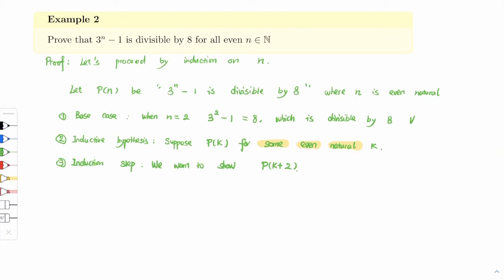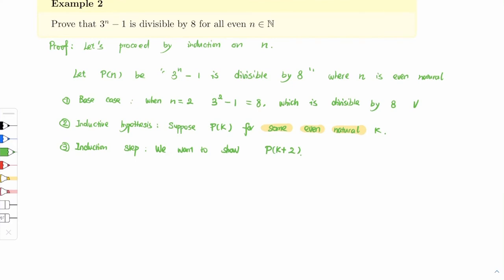If you use k plus 1, k is even, then k plus 1 is odd. Okay, that's why we need to add 2. So we want to show P(k plus 2): 3 to the power of k plus 2 minus 1 is divisible by 8. Okay, I don't know if it's divisible by 8 yet, but I want to show it's divisible by 8.